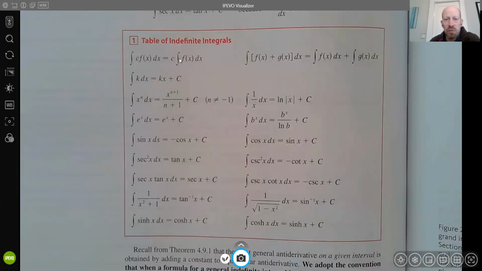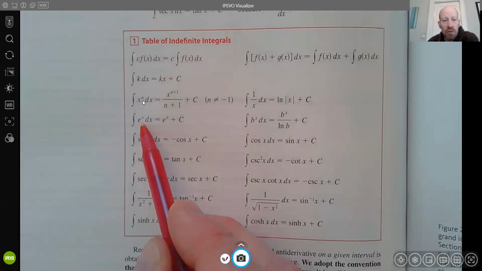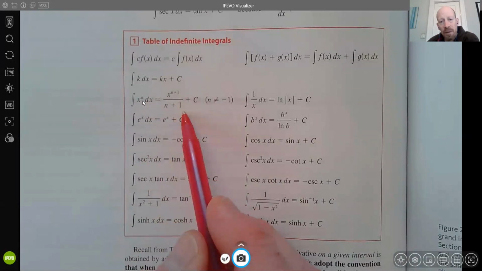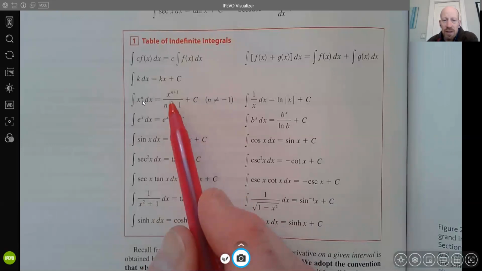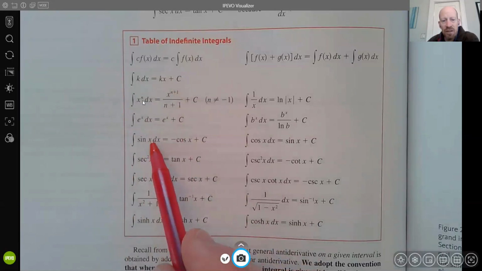These are the tables of indefinite integrals, but that's the same as antiderivatives, right? And so some of these we've used already, right? The antiderivative of x to the n is x to the n plus 1 over n plus 1 plus c, right?